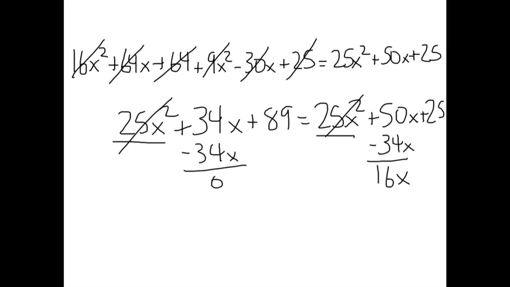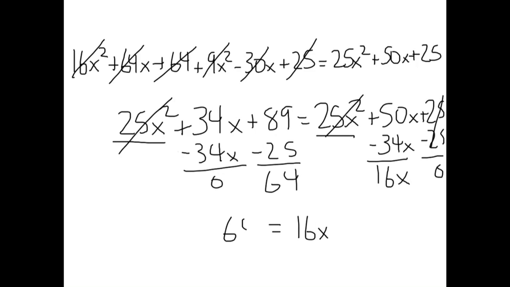The 25, we're going to subtract to move it over. So 25 minus 25 is 0. And subtract 25 from the 89, which is going to give you 64. So what you're left with is 16x is equal to 64. Divide this by 16, divide this by 16, x is equal to 4.